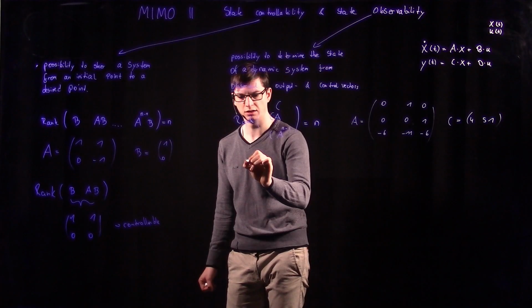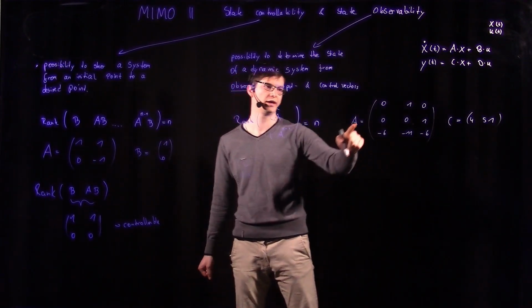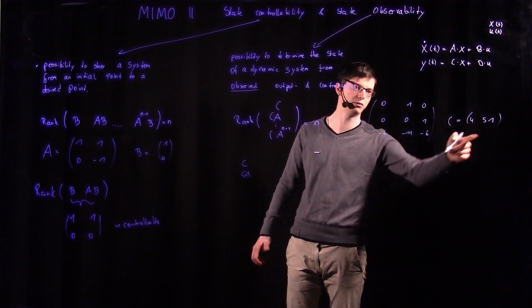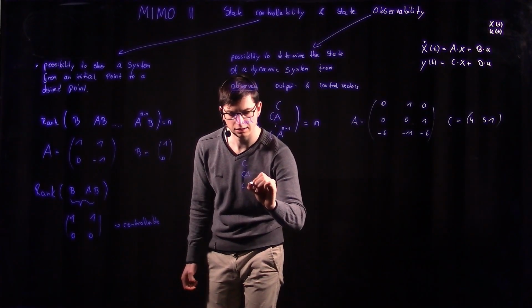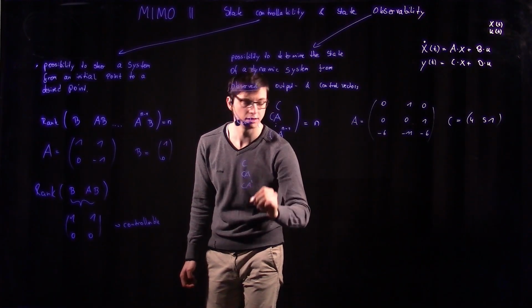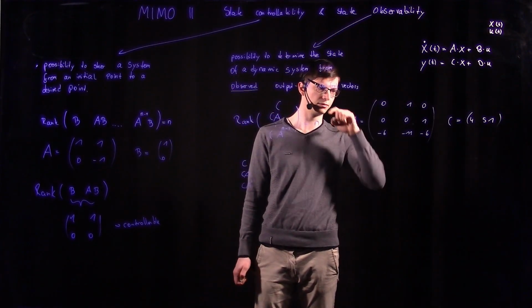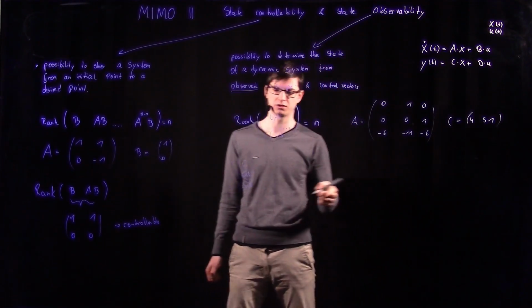It will be C, CA, and since we have 3 rows and 3 columns, CA squared as well, which is n minus 1. This fits perfectly.